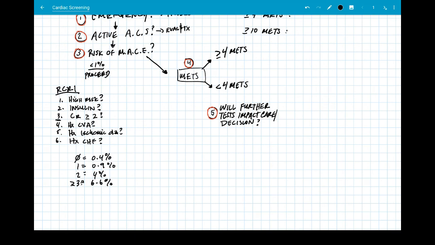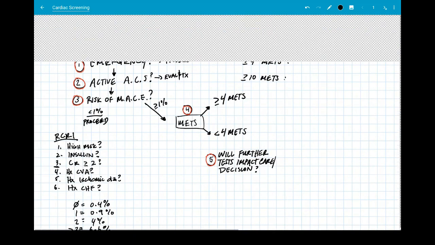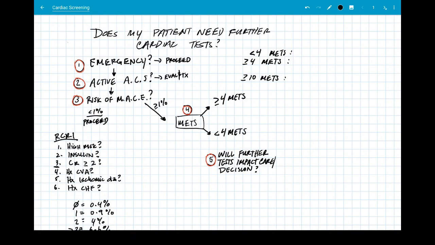If the patient's risk is greater than or equal to 1%, then you assess the patient's metabolic equivalence. Metabolic equivalence is essentially the physiological measure of the energy cost of physical activities, and it's expressed in kilocalories per kilogram per hour.